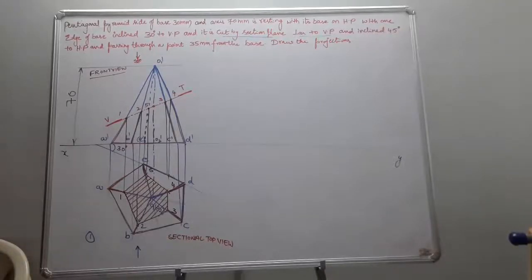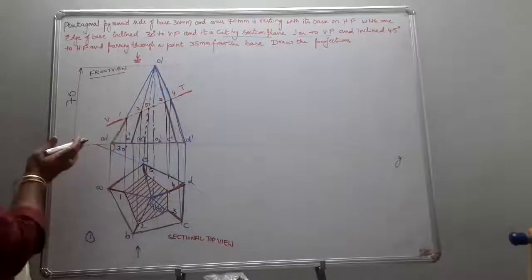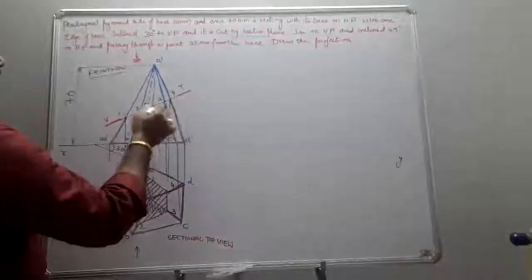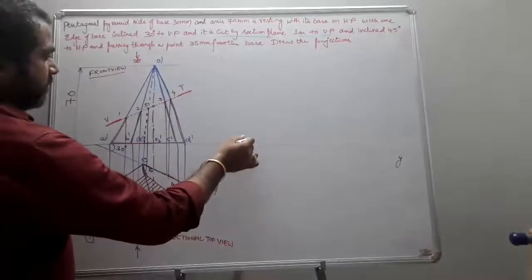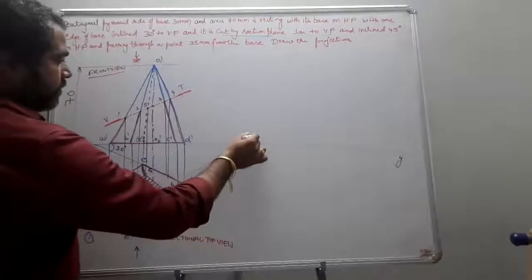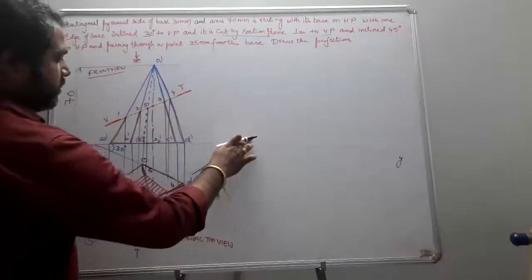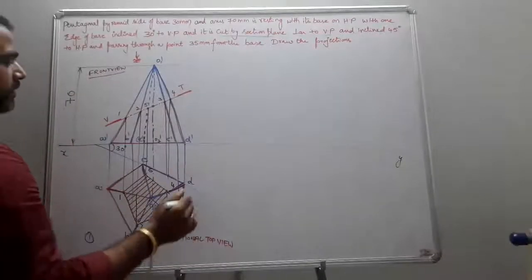So how can we obtain the true shape of the section? You simply draw a line parallel to it. I just do it somewhere here. So this becomes your new reference line X1, Y1. All of you see here.